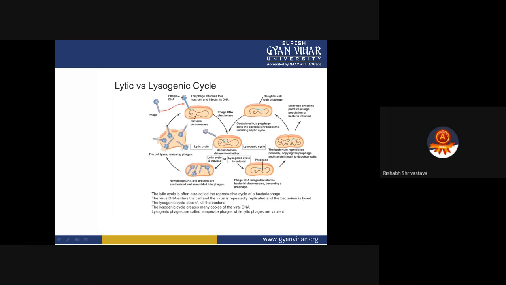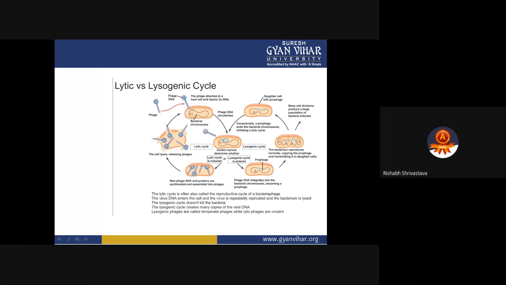Now, every time this cell divides, it is going to make many cells with the prophage. And when the time comes that the environmental factors are in favor of the lytic cycle, then the prophage genetic material is going to start the destruction of the cell and the reproduction of virus particles.